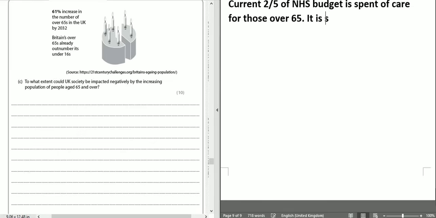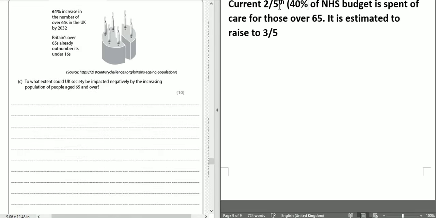It is estimated to rise to 3/5. This is what it means: that's 40%, and then 3/5 would be, if I've got my maths right, 60%. So that would see a big increase in NHS spending.